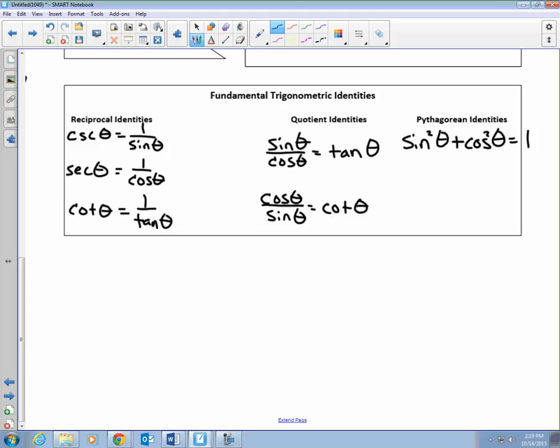You can modify that formula so that 1 plus tangent squared of theta is equal to secant squared of theta. You can also modify the formula so that 1 plus cotangent squared of theta is equal to cosecant squared of theta.